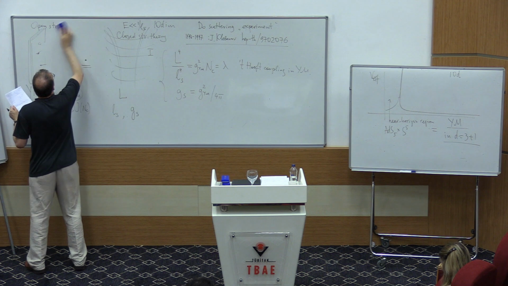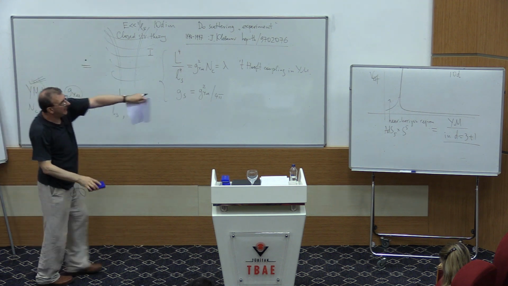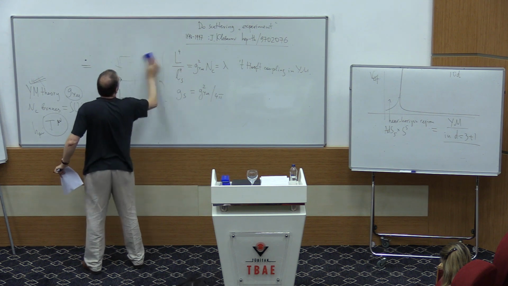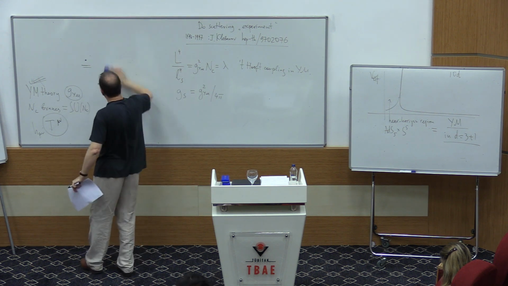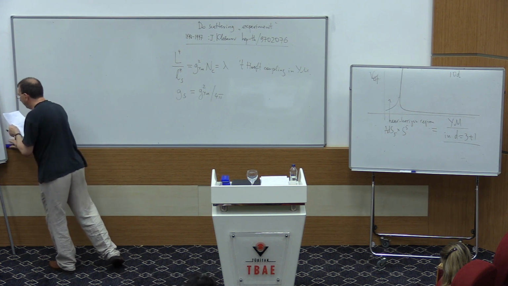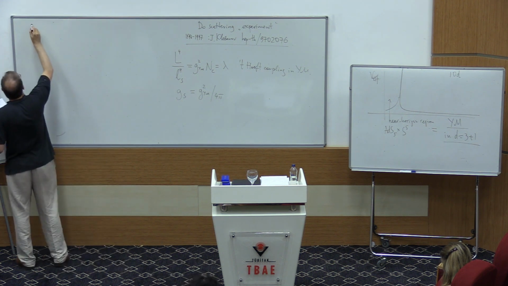And when we write an equal sign there, it can be quantified by saying that the partition function of the right-hand side and the partition function of the left-hand side coincide.